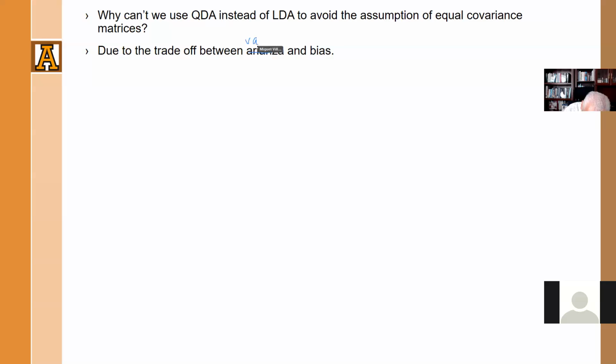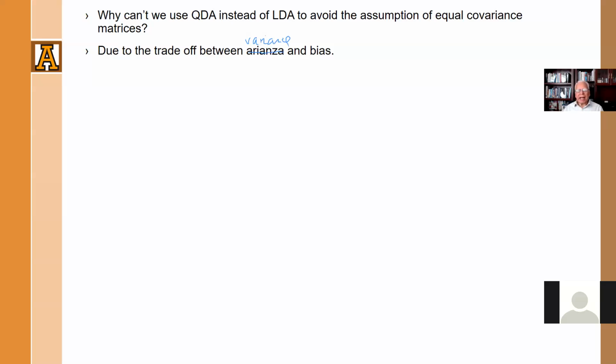This is variance and bias. There's always a trade-off between bias and variance. And if I use linear discriminant analysis instead of quadratic discriminant analysis, when I should be using quadratic, I may have more variance and less bias.